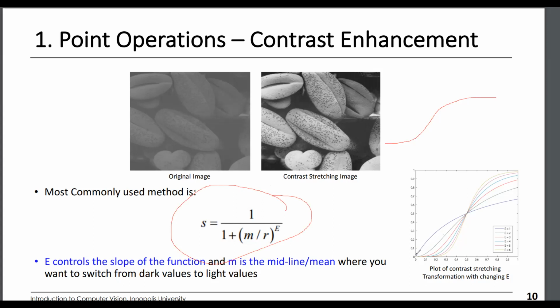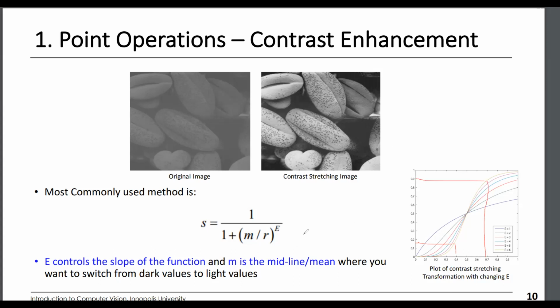This is the formula based on different hyperparameters, but the objective is always the same. We are trying to make blacker points. For example, 0.4 in this case becomes 0.2 or 0.15. We're making something that is already black more black, and something that is already white, let's say 0.7 here, we are making it 0.9, a lot whiter.